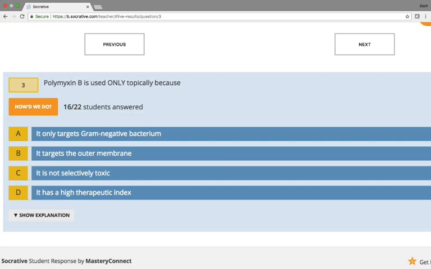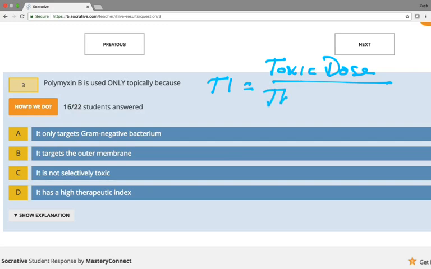Okay? The other term that relates with this then is this term therapeutic index. Therapeutic index is a ratio, and we'll play with this ratio on Monday a little bit. But the therapeutic index, or TI, is equivalent to the toxic dose divided by the therapeutic dose.